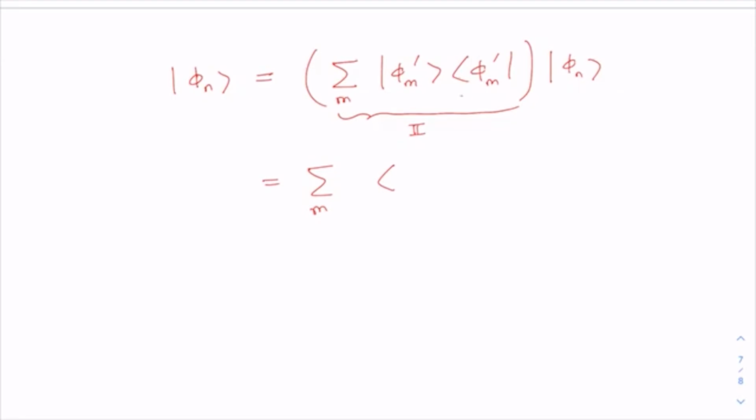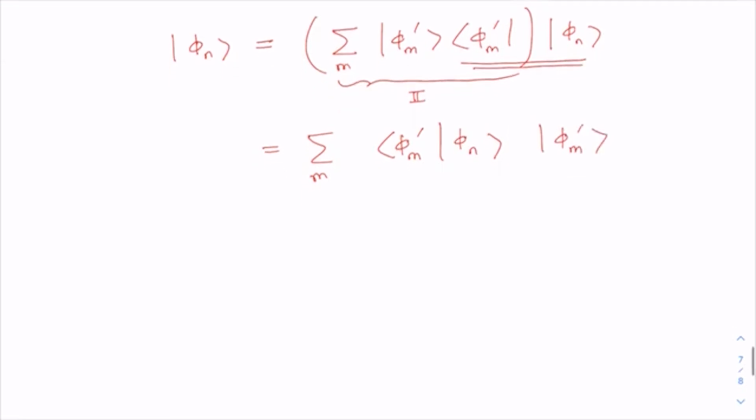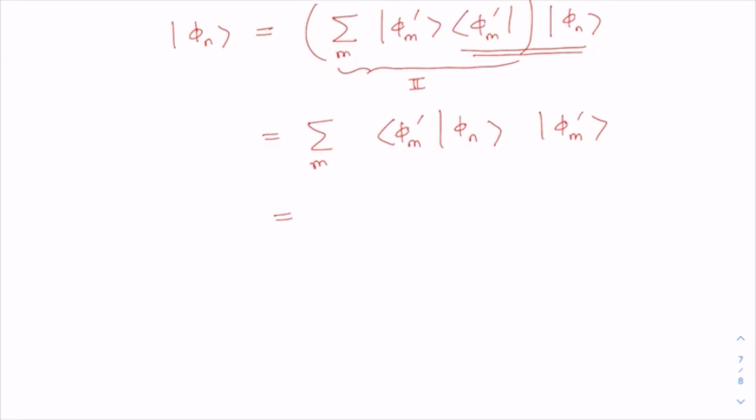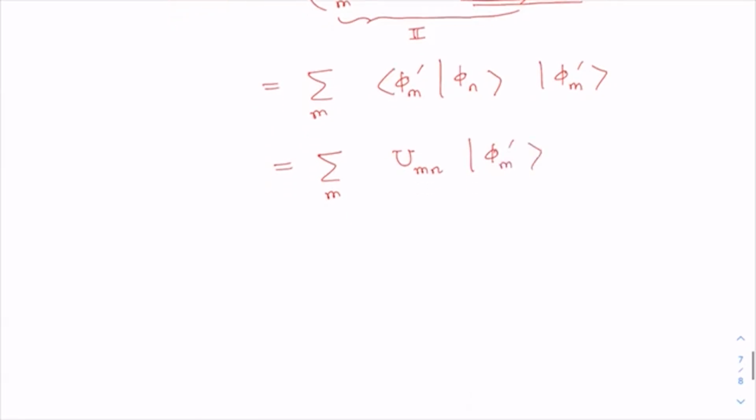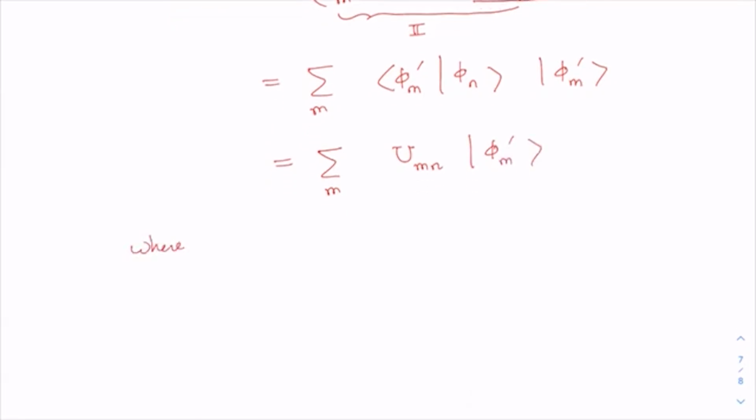Because this is just a number, I can write it as the sum over m of phi m dash phi n phi m dash, which I write as U mn phi m dash, where U mn is the matrix element of the unitary operator, where I go from the old basis state phi n to a new basis state, say phi m dash.